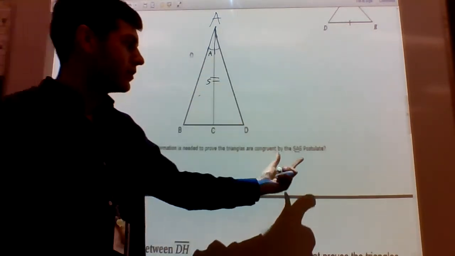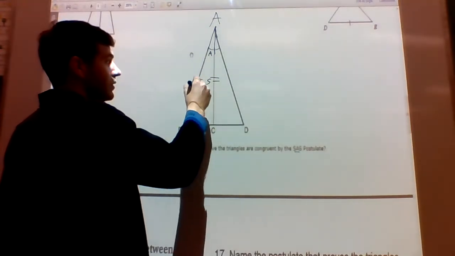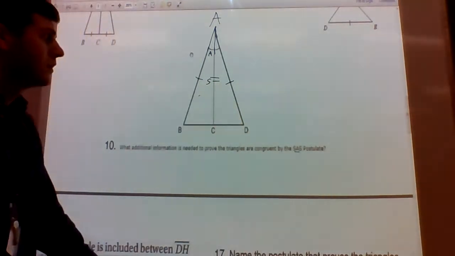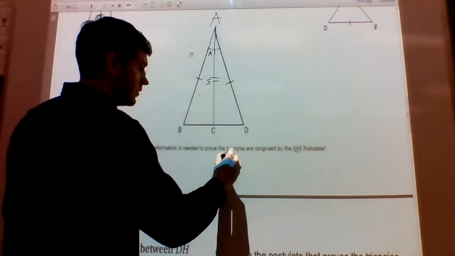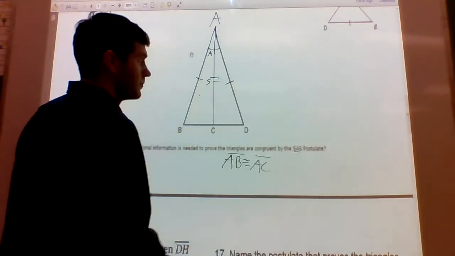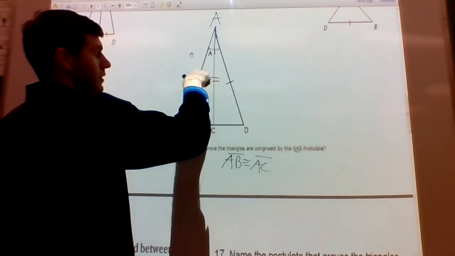So if we're going to use side angle side, we need the included angle. So it's going to have to be AB is congruent to AD. Okay, now we have side angle side.